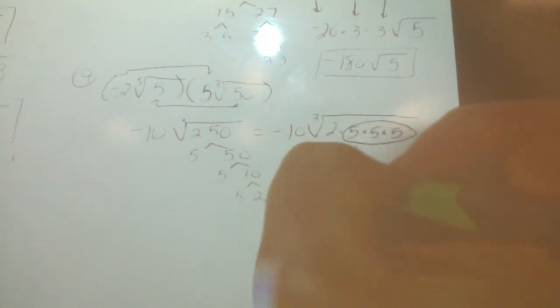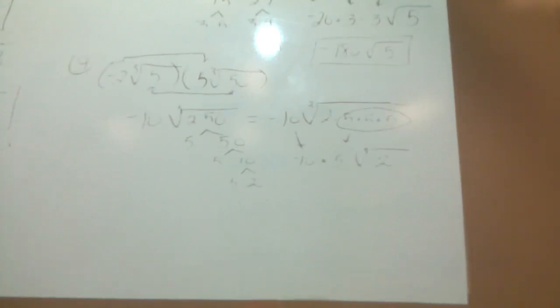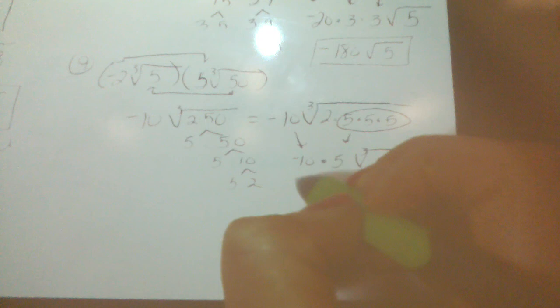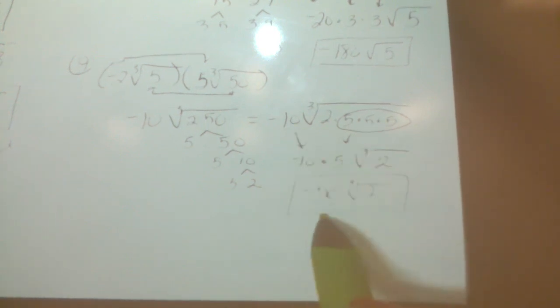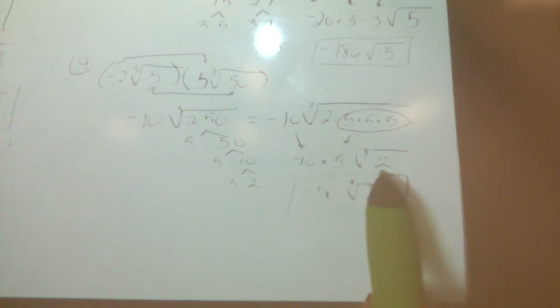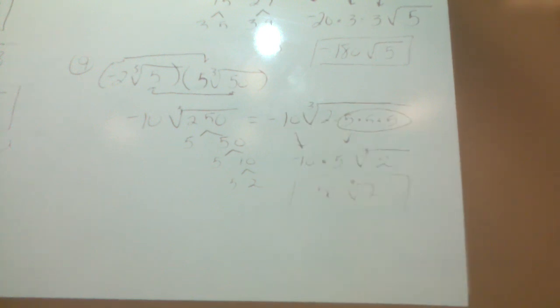I'm going to bring down negative 10 times 5, the third root of 2, which gives us negative 50. Negative 10 times the 5 that I'm taking out is negative 50, and what's left underneath is a 2. And I'm grouping by 3s because that is the root. If this said 4, I'd be grouping by 4s. And that is simplifying radicals.